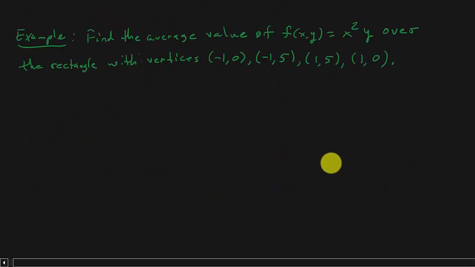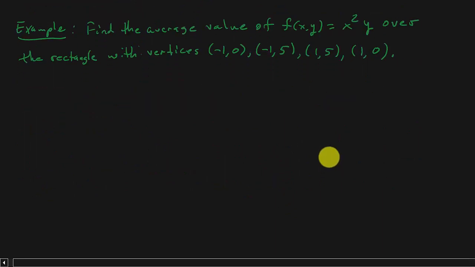Okay, so let's look at this problem. It says find the average value of f of x, y equals x squared y over the rectangle with vertices -1, 0, and there they are. We just need to look in the xy plane and plot these vertices. All right, so let's do that.